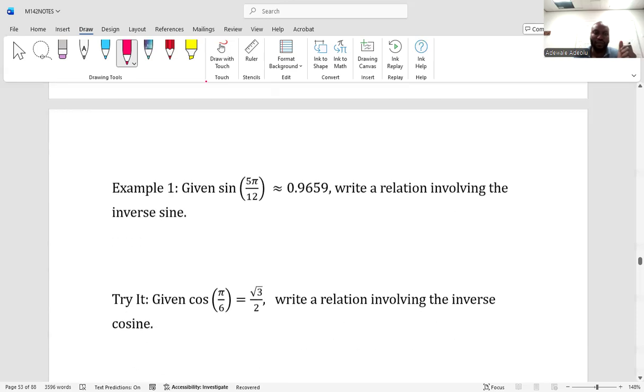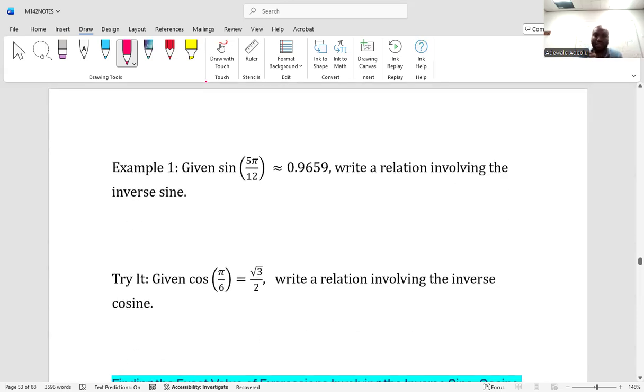Okay, now let us consider an example. Given sine of 5 pi over 12 approximately equals 0.9659, write a relation involving the inverse sine. Well, that is simple. So that is sine inverse, guys.